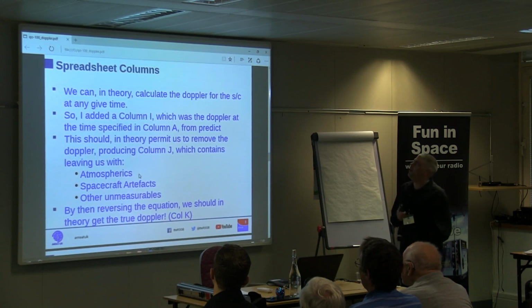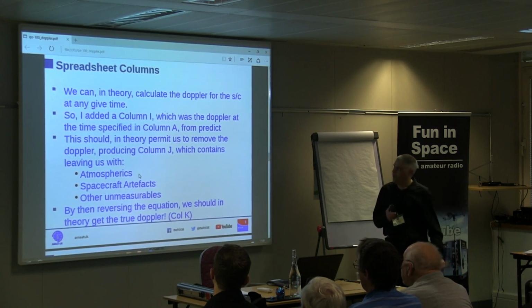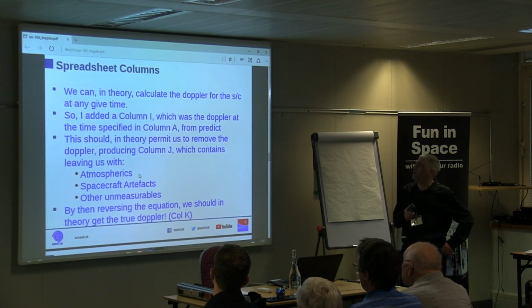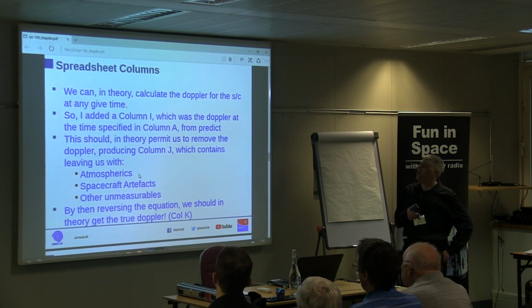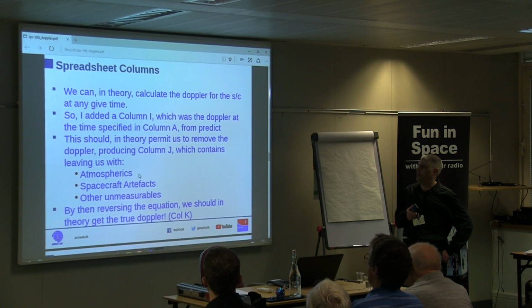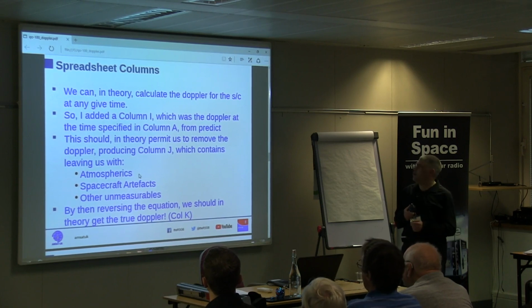We can, in theory, calculate the Doppler for the spacecraft at any given time. So I added column I, which is the Doppler at the time specified in column A from predict. It should, in theory, permit us to remove the Doppler, producing column J, and I did do this.